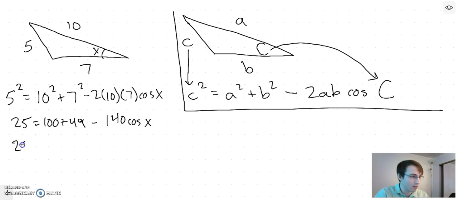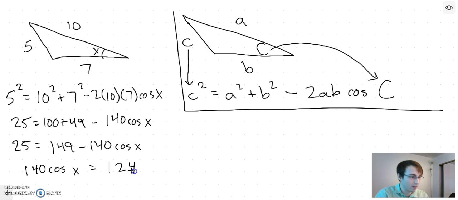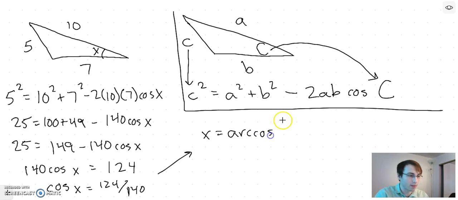Then 25 equals 149 minus 140 cos x. So 140 cos x is equal to 124. Cos x equals 124 out of 140. Then we use our inverse trig. So x equals arccos of 124 out of 140.